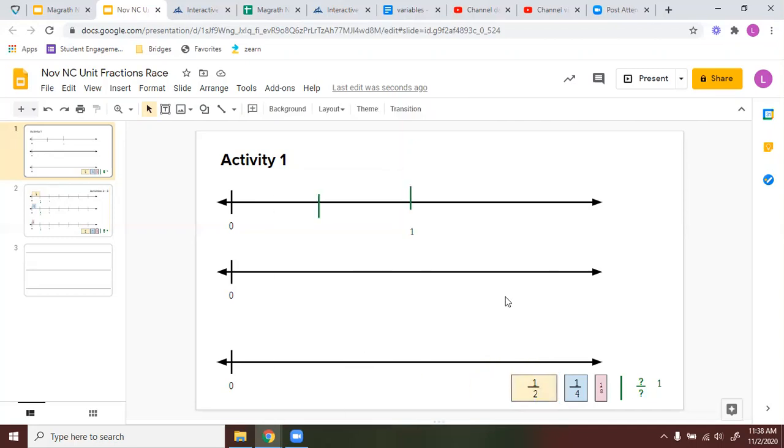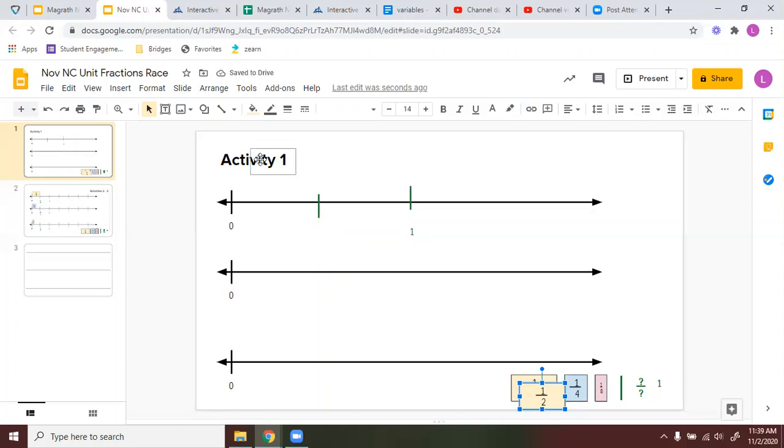Oh, it does not want to drag there. Let me try it one more time here. Oh, come on. Well, we're supposed to be able to move that fraction, but it's just not wanting to move.